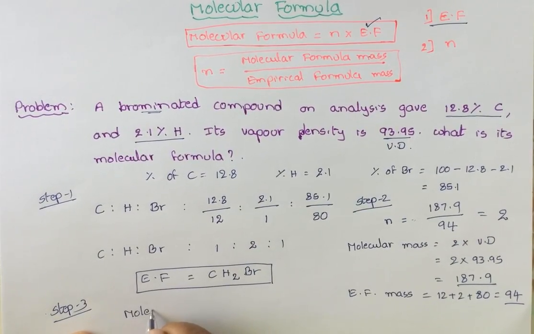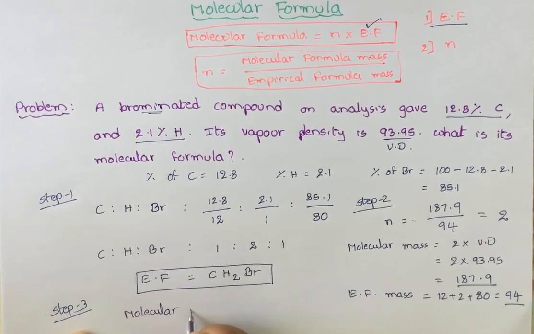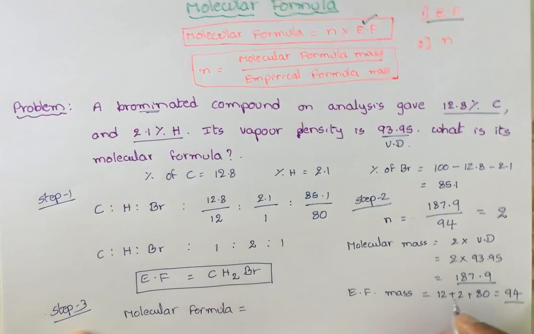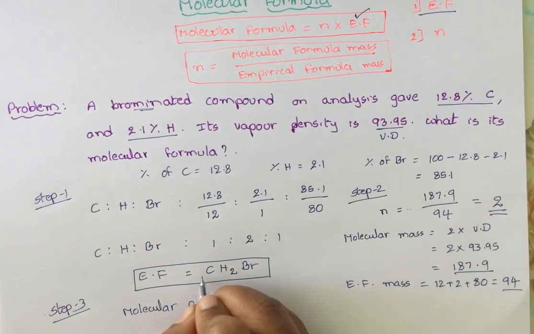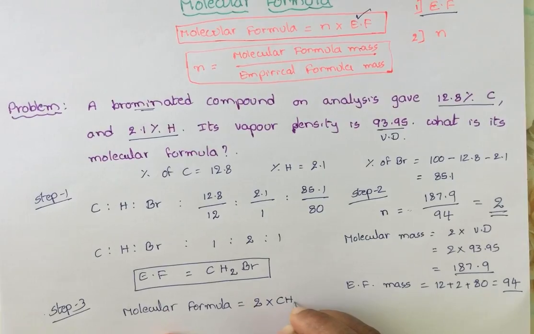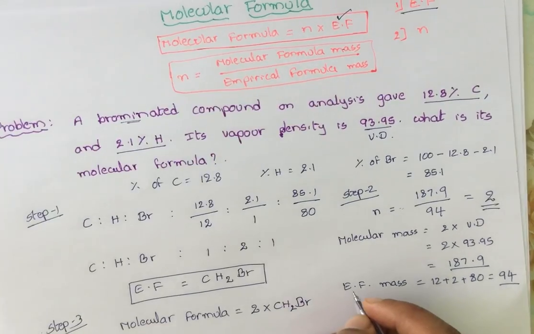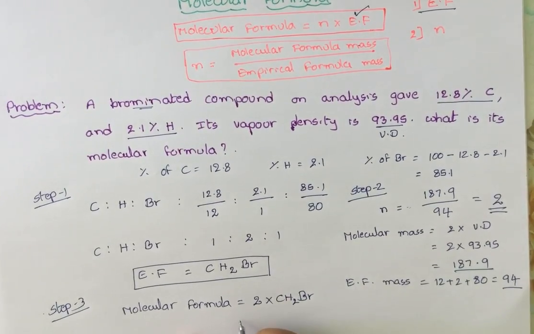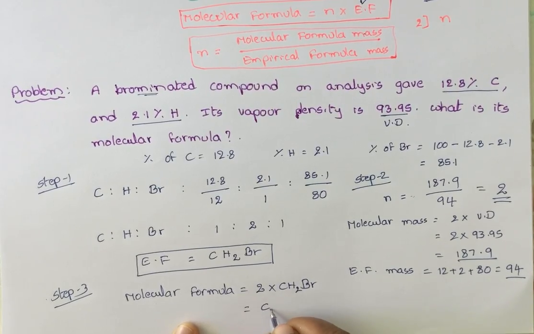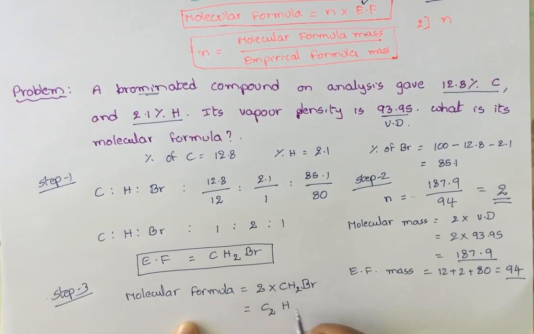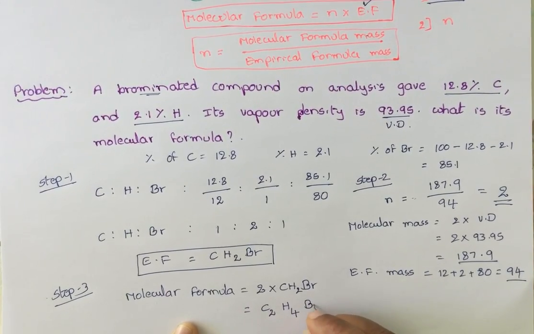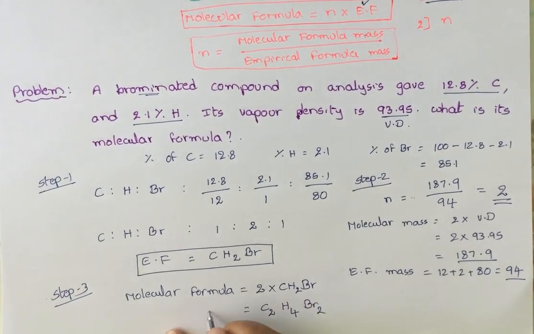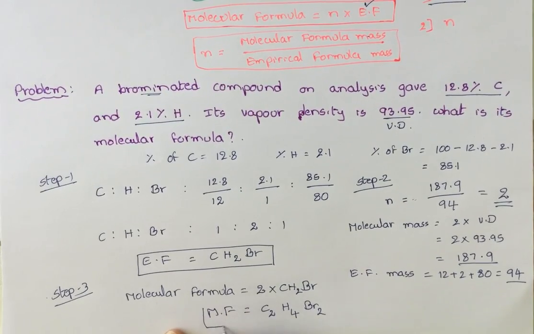Molecular formula is equal to n, which is 2, multiplied by the empirical formula CH2Br. That gives C2, 2 carbons, 2 times 2, 4 hydrogens, and 2 bromines: C2H4Br2. This is the molecular formula of the compound.